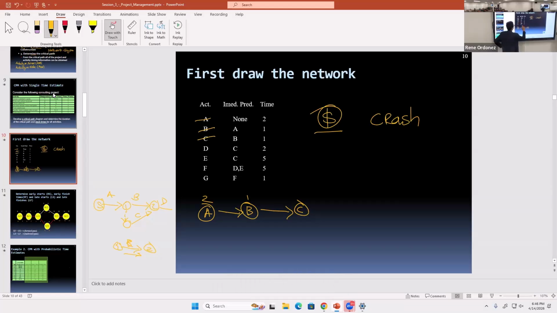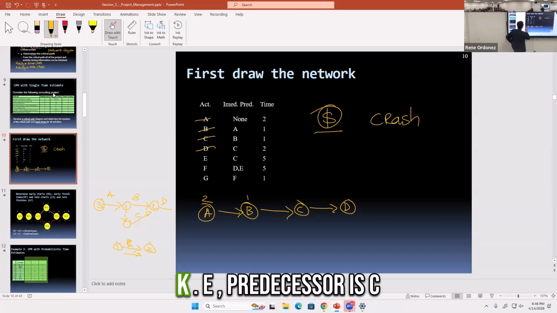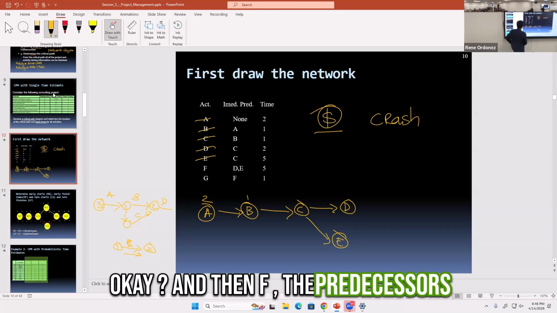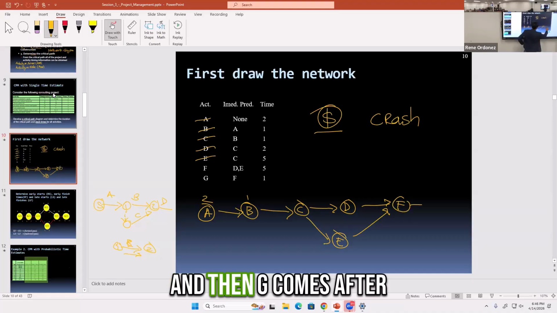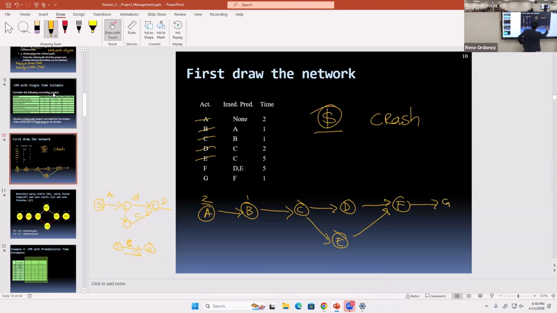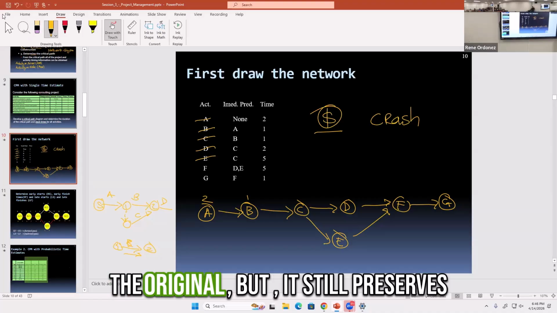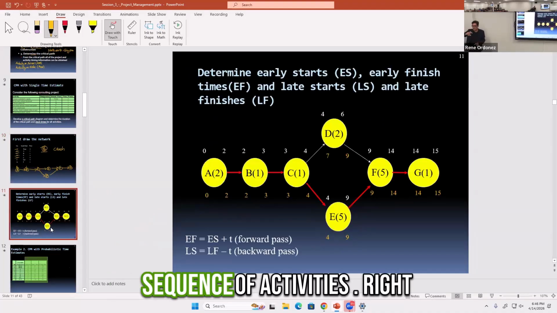And D, predecessor is C. Okay. E, predecessor is C. Okay, and then F, the predecessors are D and E. And then G comes after. Okay. So a little bit different from the original, but it still preserves the sequence of activities. Right?